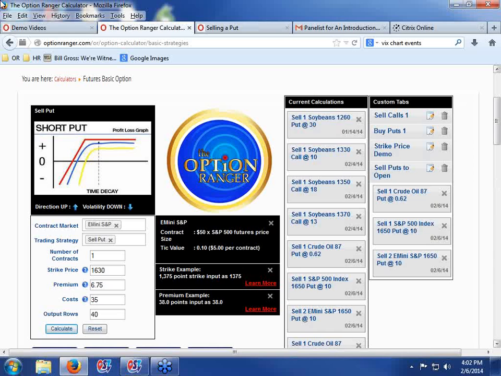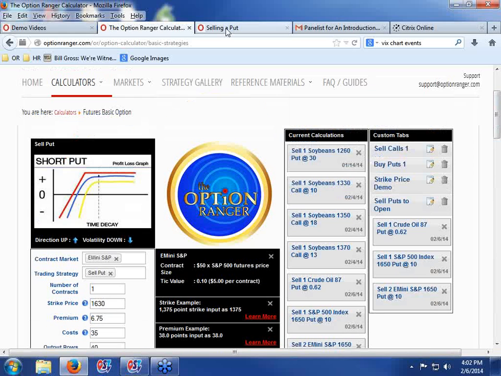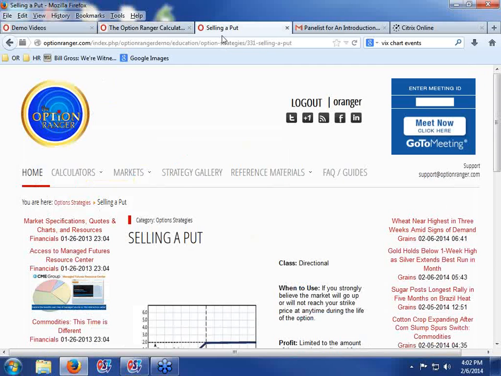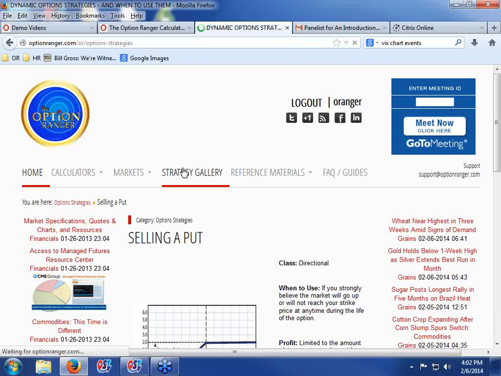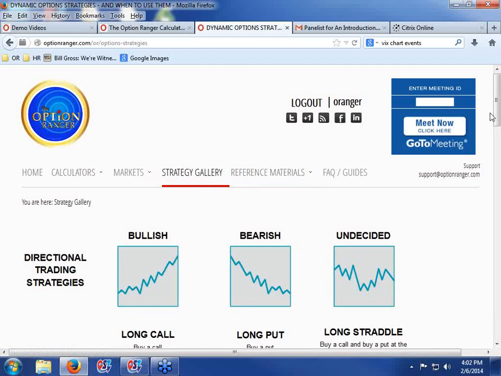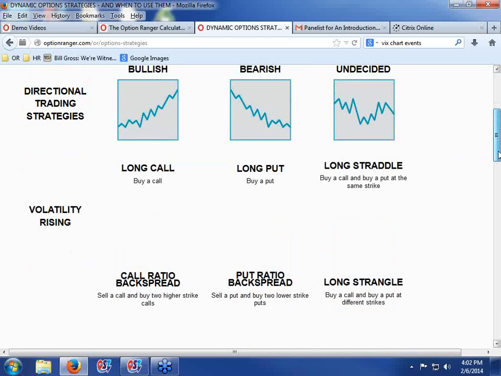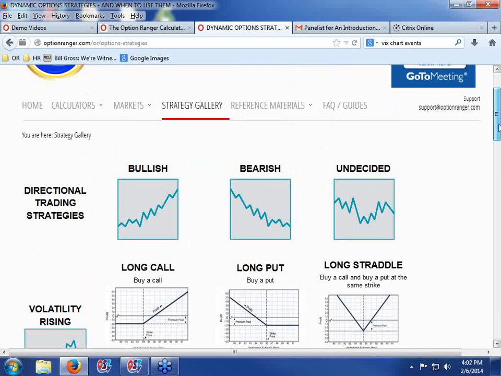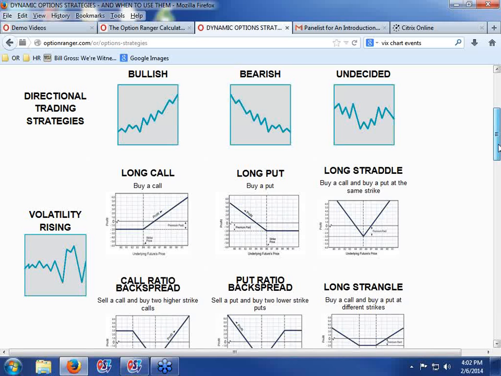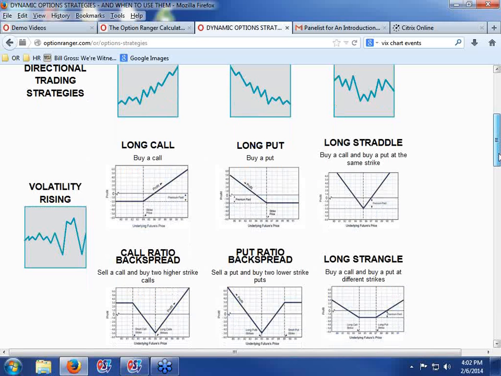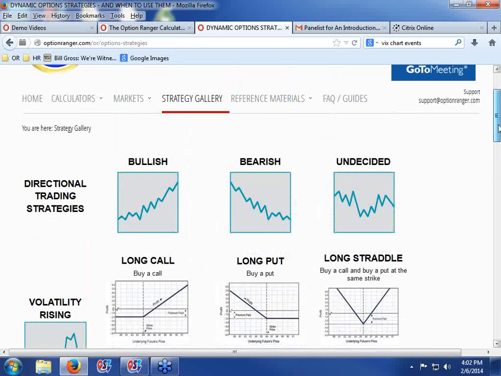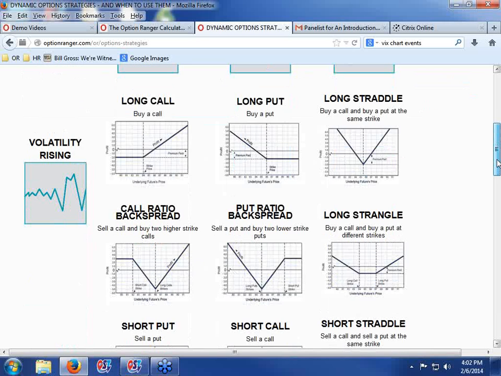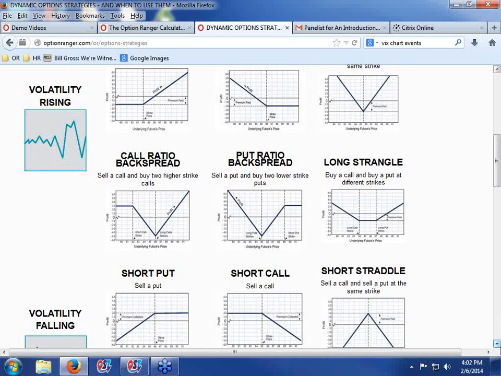Finally, to finish this beginning portion, let me go back on a broader scale into the strategy gallery to discuss this type of strategy. When you're talking about selling calls and selling puts, you're always looking at a situation in which you have an outlook of falling volatility.